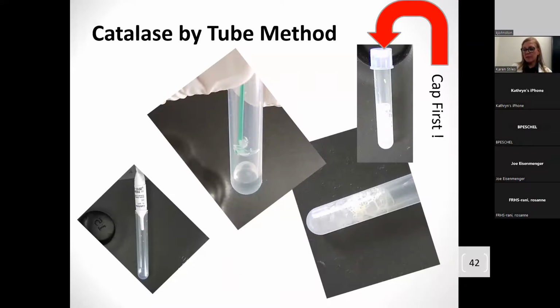So we recommend, even in the biosafety hood, still doing the tube method. You add a couple of drops to the bottom of your tube. You rub the organism on the inside of the tube, but you do not mix them. It's only after you cap it that you run the liquid over the organism, and it should bubble really well for you. Almost easier to see than the slide.